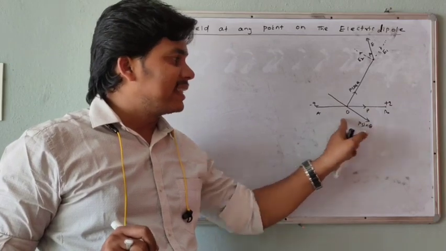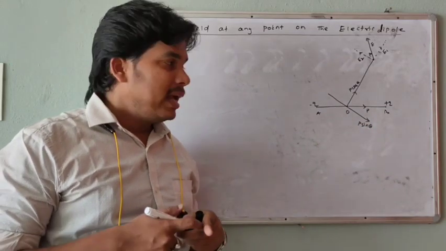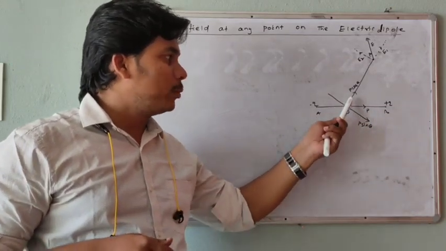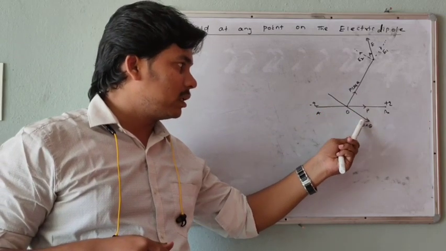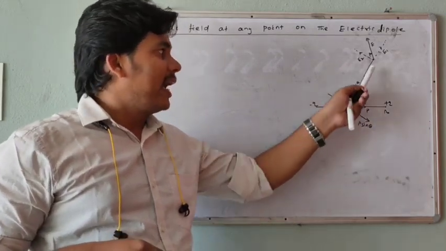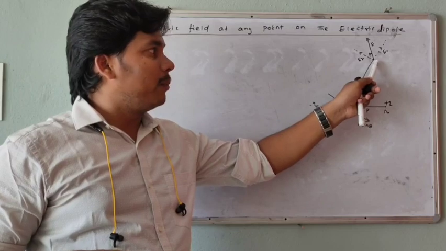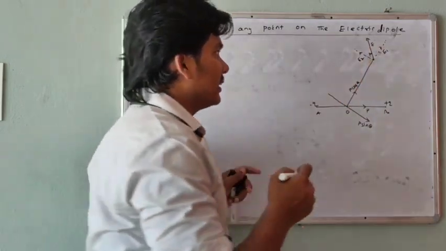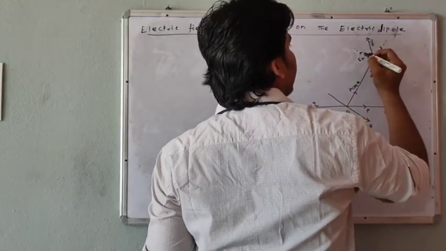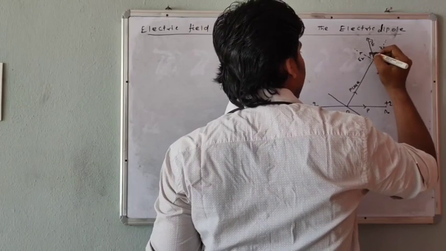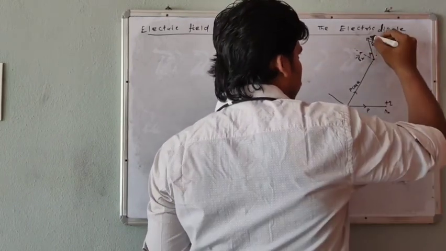The dipole moment is resolved into P cos theta and P sin theta, and at point P the electric field E vector is resolved into two components, E1 vector and E2 vector.